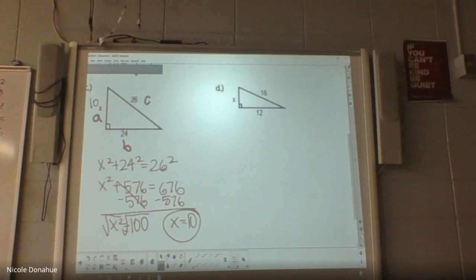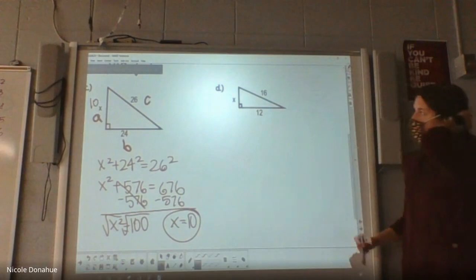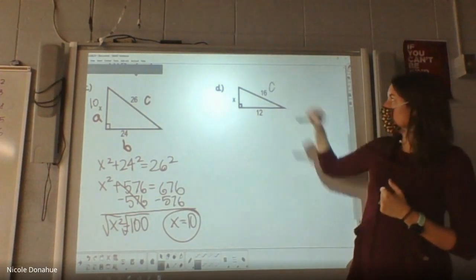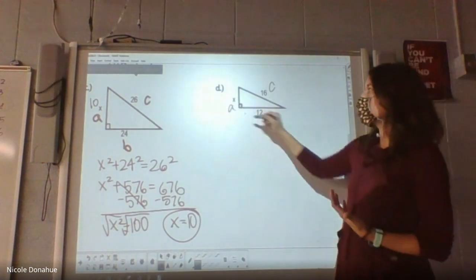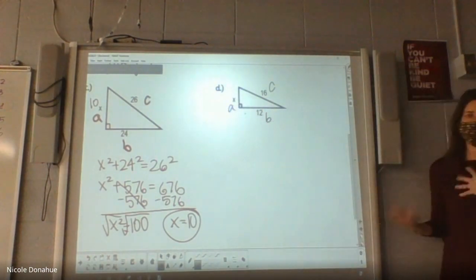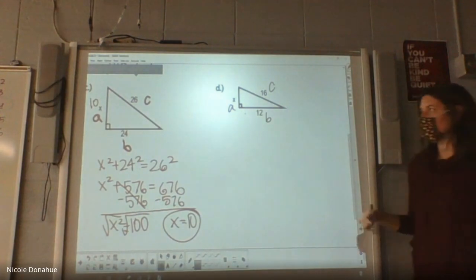And then finally with our letter D, and then we'll take a little break here. Again, this time the C value is given to us. And again, it doesn't matter which one you call A and which one you call B. I usually just go from left to right, but it doesn't really matter.